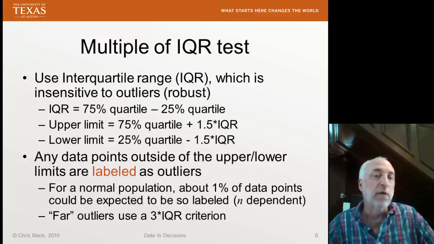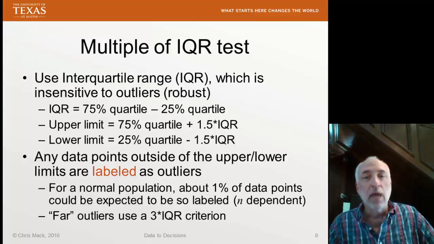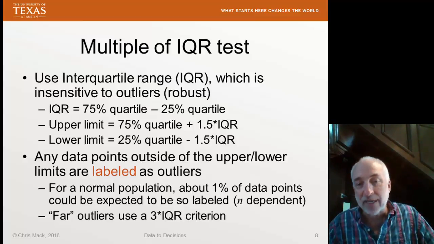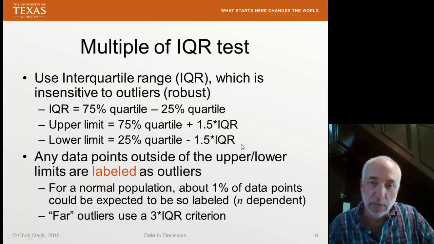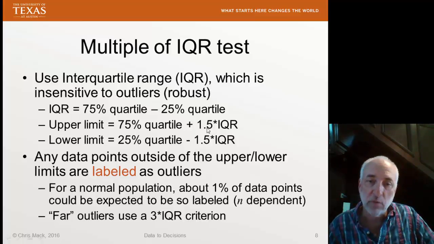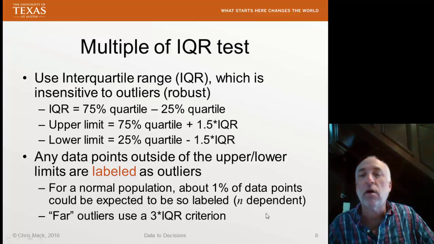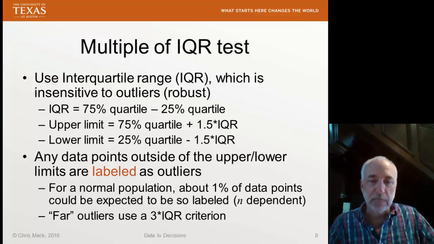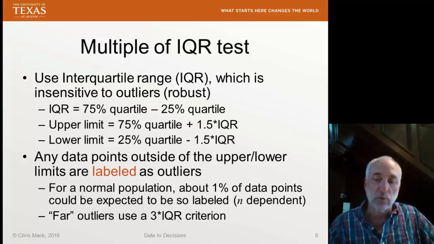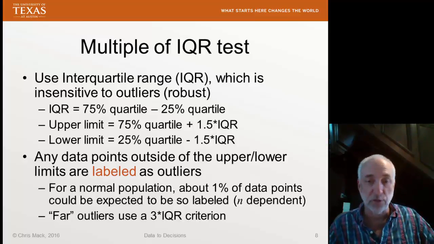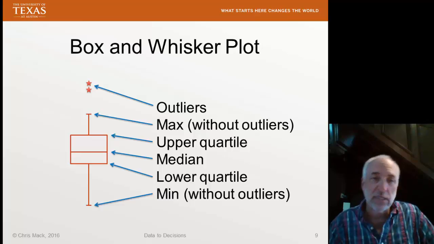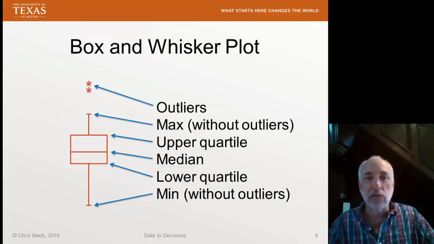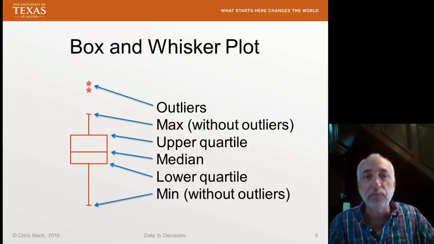So sometimes we define a far outlier by using a 3 times IQR criterion. So instead of multiplying the IQR by 1.5, multiply by 3, and we call those far outliers. And for large data sets, we may decide that only the far outliers are things we're going to pay attention to.